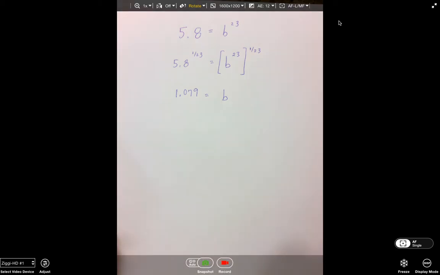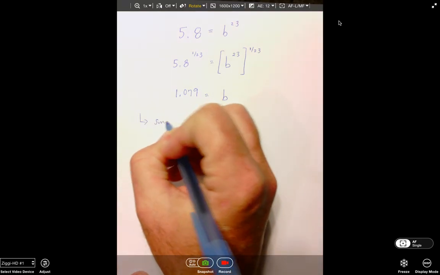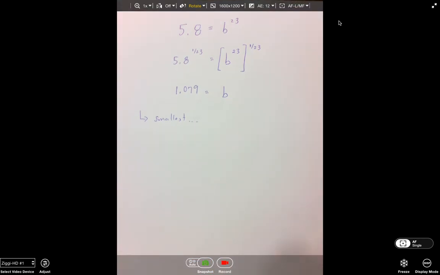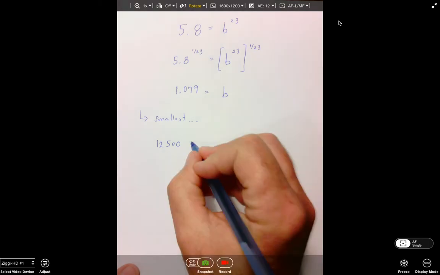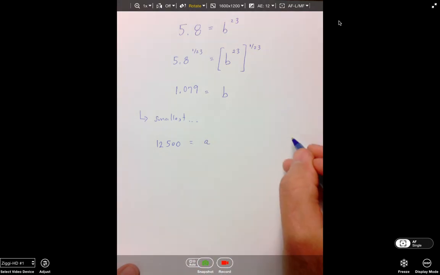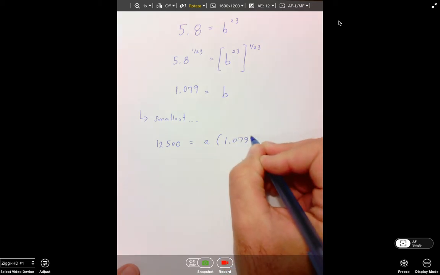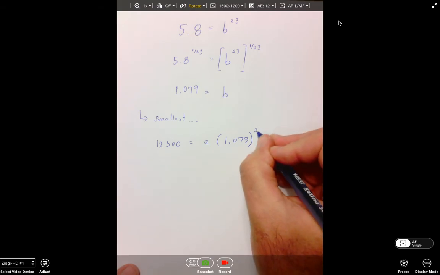Okay. Now, just like I did before, I'm going to choose one of these ordered pairs. I usually choose the smallest one only because smaller numbers are just easier to deal with. So I know that my smaller one, when I have a y of 12,500, I don't know my a value. I know my b is 1.079. And I know that the x value is 2.